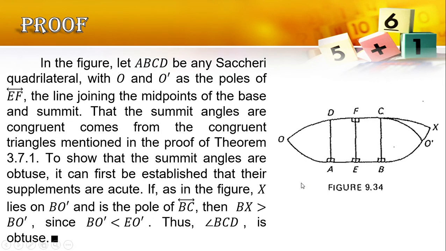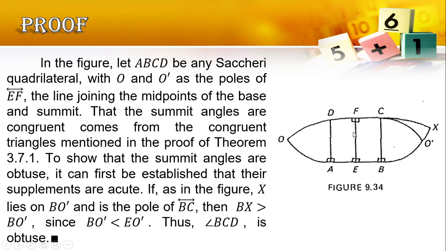In figure 9.34, let ABCD be any Saccheri quadrilateral with O and O prime as the poles of line segment EF. So we have here the line segment EF, the line joining the midpoints of the base and the summit. So this line segment EF is the line segment that joins the base and the summit.